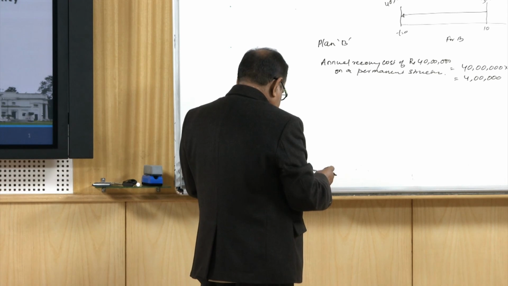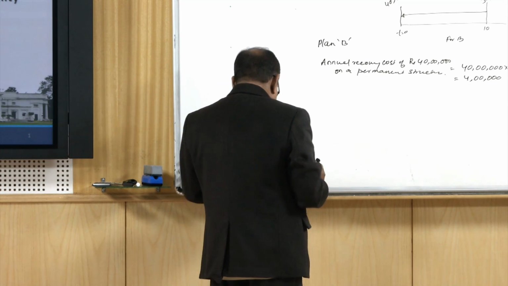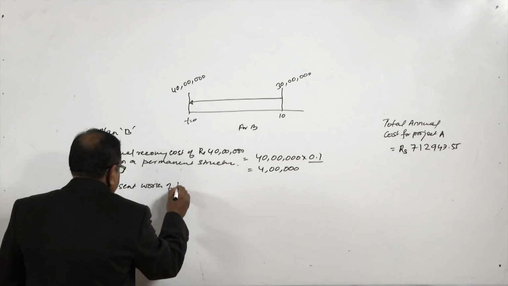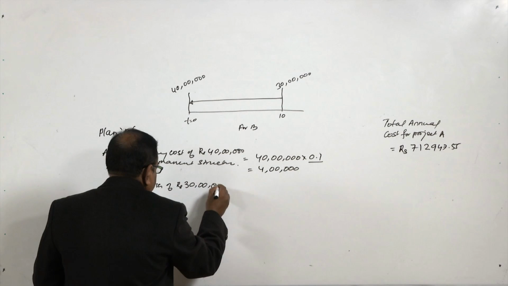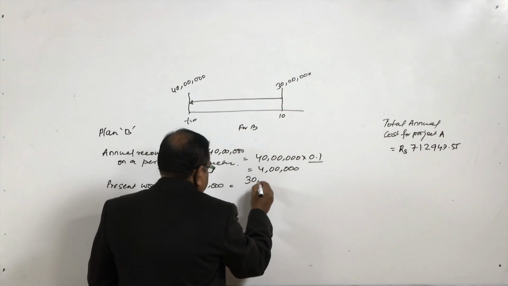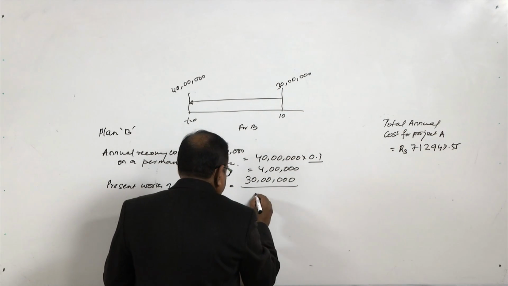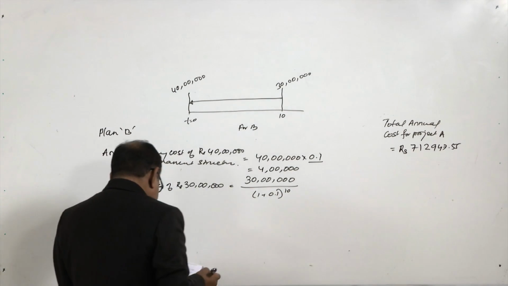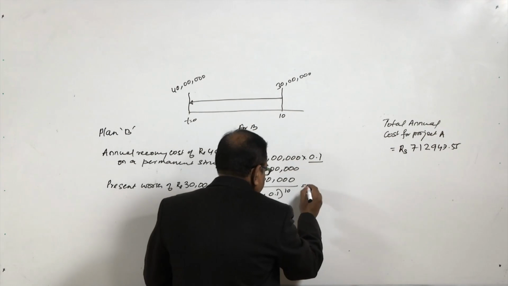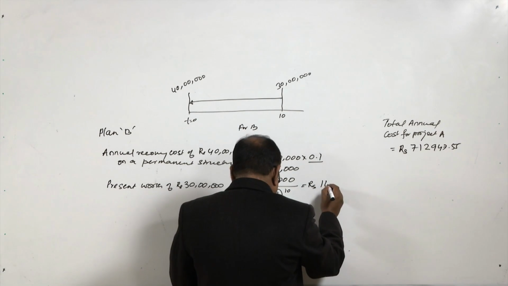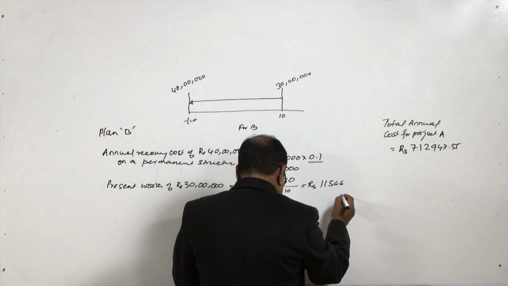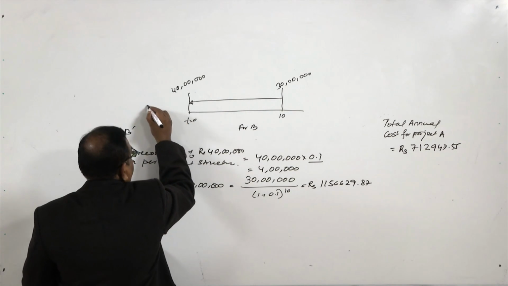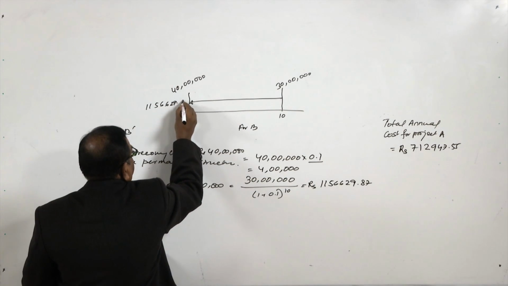So the present worth of rupees 30 lakh is equal to 30 lakh divided by (1 plus i) to the power 10, and this comes out to be rupees 1,156,629.87. So the present worth is 1,156,629.87.